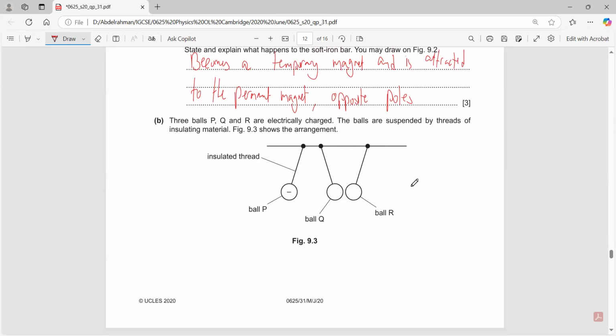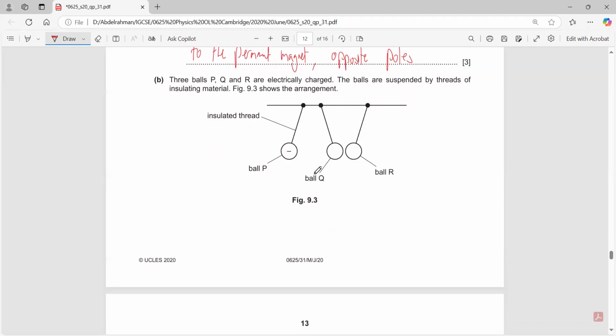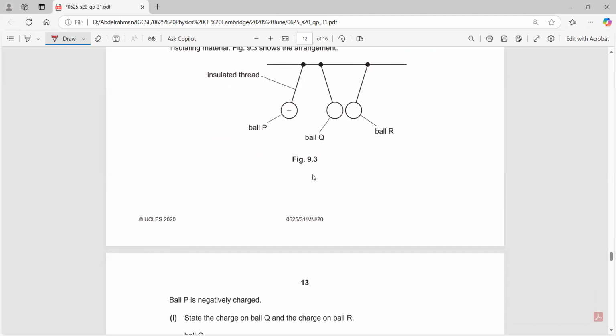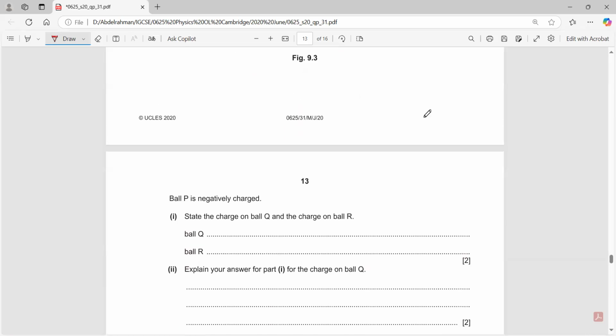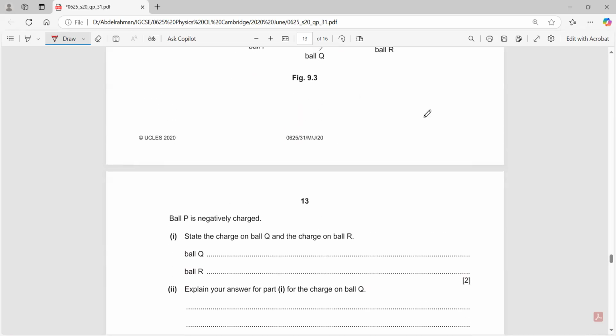Same poles means south and south or north and north. Q is now negative, and R is now positive. So ball P is negatively charged. State the charge on Q, it is negative, and R is positive.